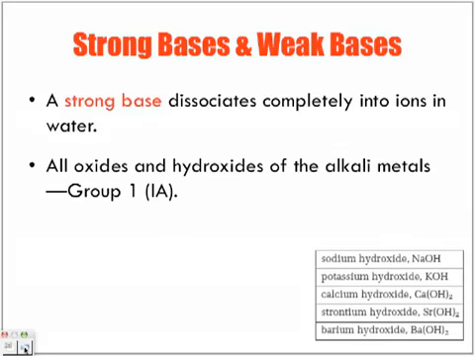All oxides and hydroxides of alkali metals, so anything in group 1 combined with oxide, are bases. For example, sodium, a group 1 alkali metal, combines with oxide to form Na2O. These are what we call oxides, in this case sodium oxide, and they are also considered bases.